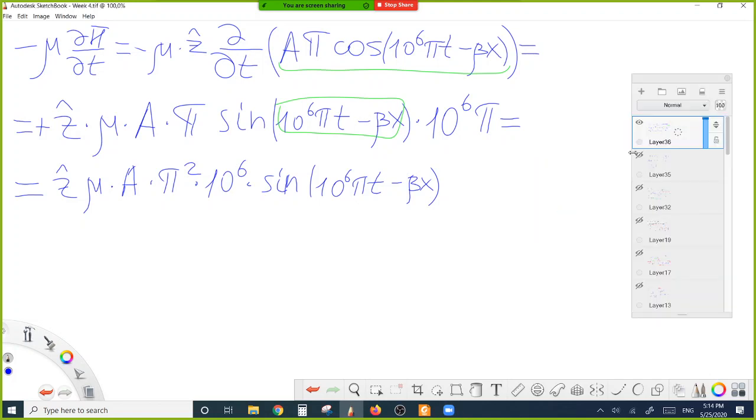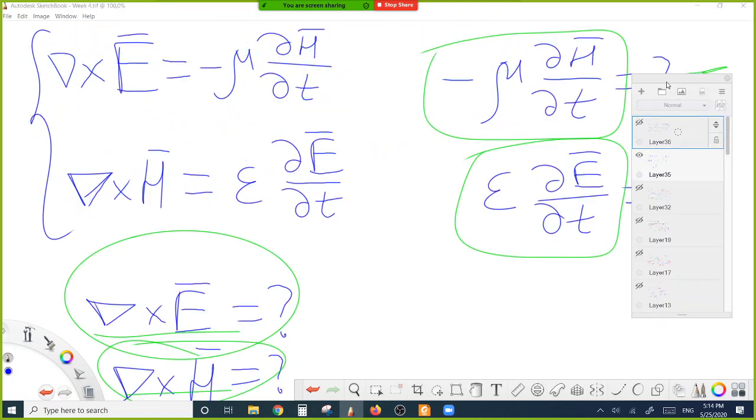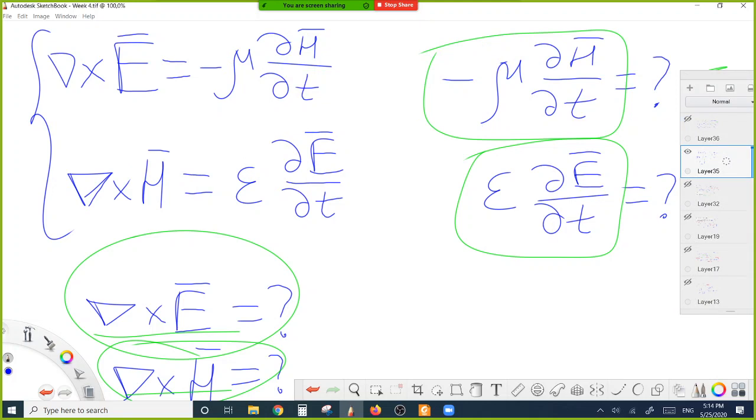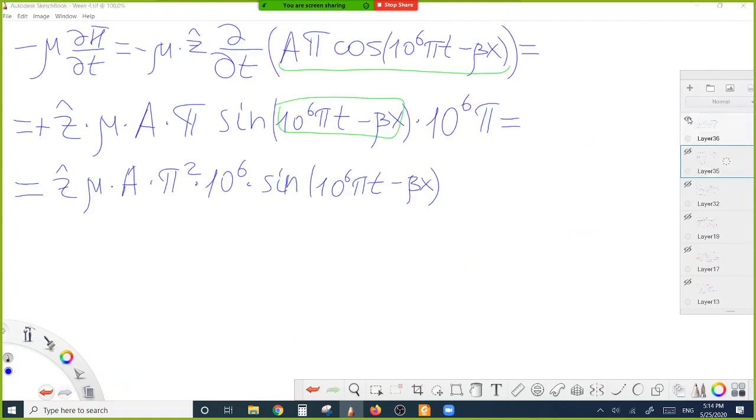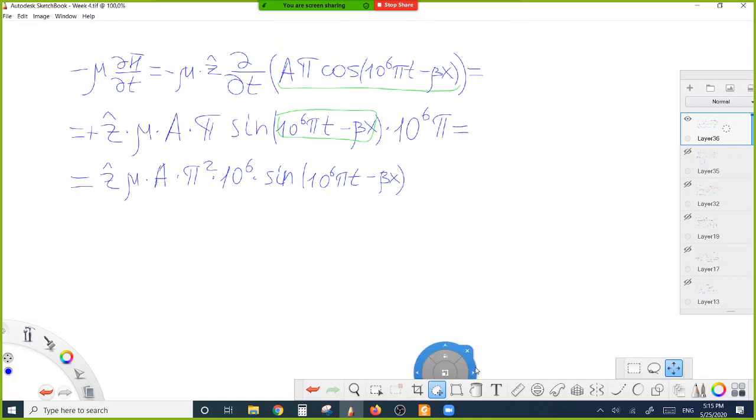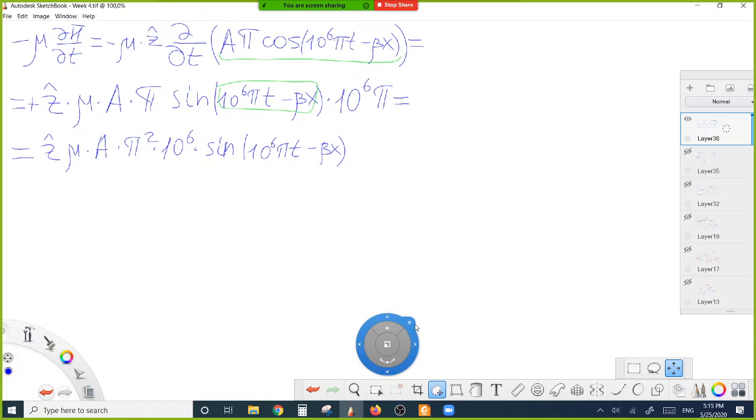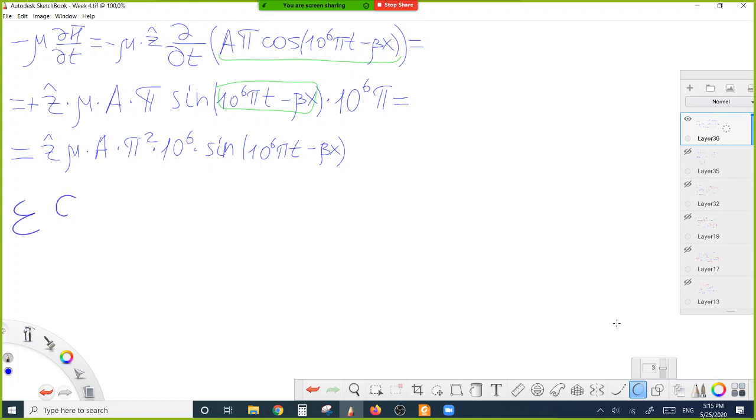Now next, let's compute this one, epsilon dE over dt. So what we have, epsilon dE over dt.